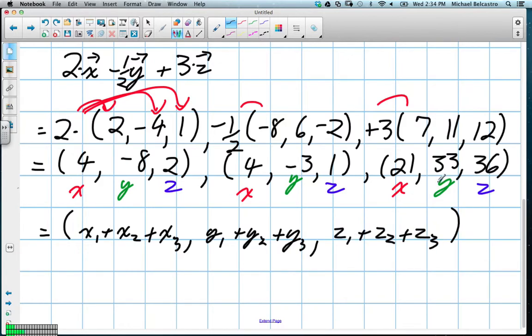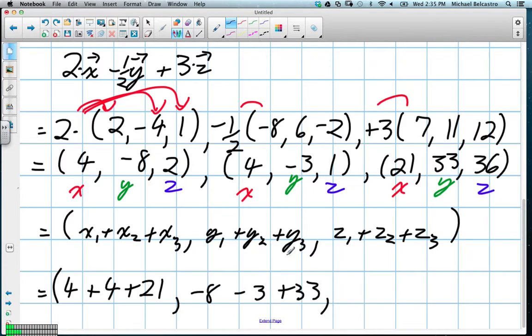Okay? And I didn't order them, but the numbers are essentially what order they're in. So we have 4 plus 4 plus 21. Our y's are -8 minus 3 plus 33. And our z's are 2 plus 1 plus 36.